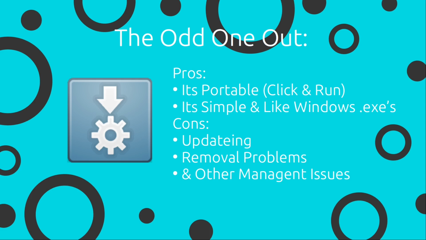It's simple, like Windows EXEs, which are click and run and are the app in one piece, right? The cons are updating, removal problems, and other admin issues, because again, it's portable and simple like Windows EXEs. So you're going to have to run around trying to get things done unless you have a manager like the AppImage Store, and by that point, why don't you use Snap or Flatpak?